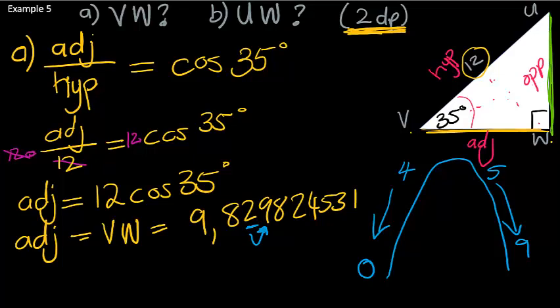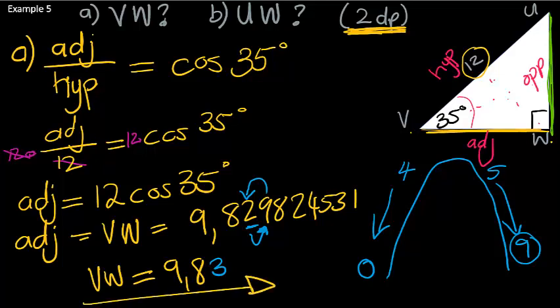So we're going to look at the number 9. 9 says go to the next number. So now that we know we're going to the next number, it means you go back to the 2, and the 2 becomes a 3. So VW is actually equal to 9,83. This is your answer, correct to 2 decimal places.